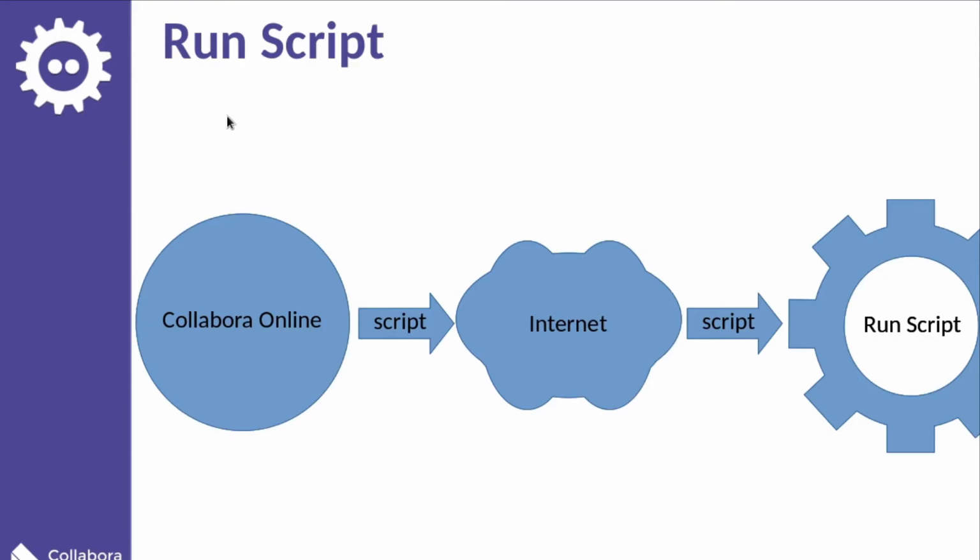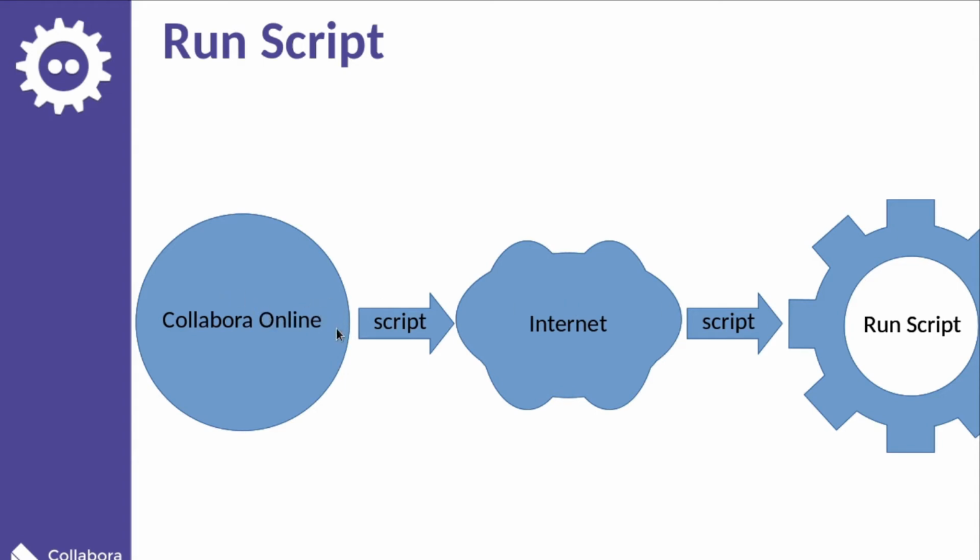What happens if we want to run the macro in a remote location? Let's say here is a client application, a web application like Collabora Online. And here we have a LibreOffice core with the main process, let's say the main engine run script. Both are connected through a communication socket layer.